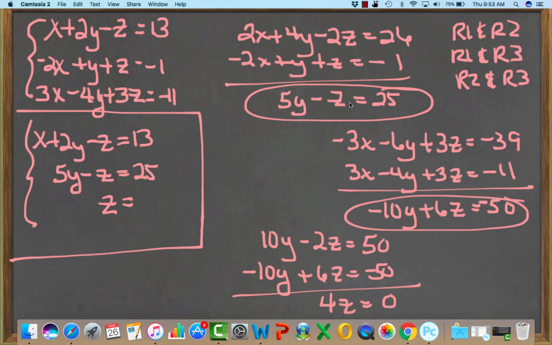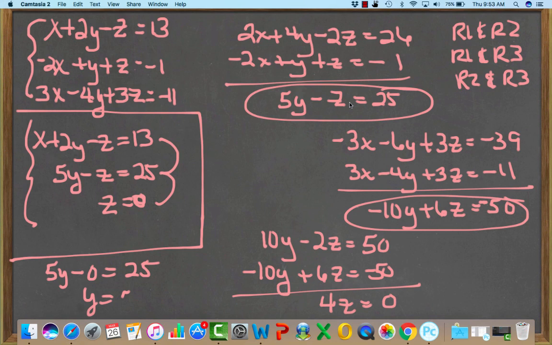And now we're ready to do our back substitution, because once we know what z is, I can back substitute until I can get back up to what x and y are equal. So let's see if we can squeeze this in here. We've got 5y minus z, which would be 0, equals 25. Well, that's going to mean that y equals 5.